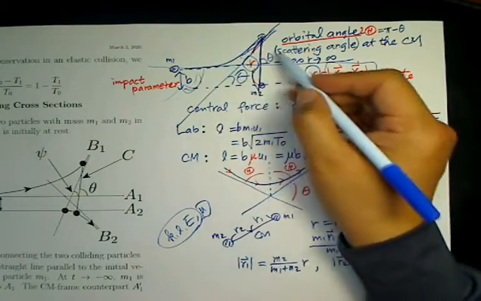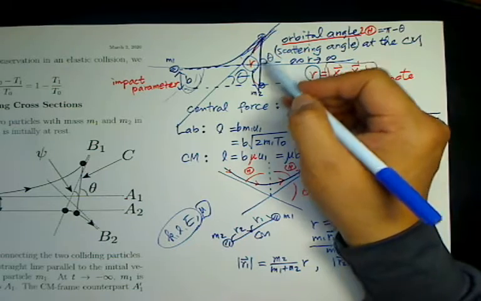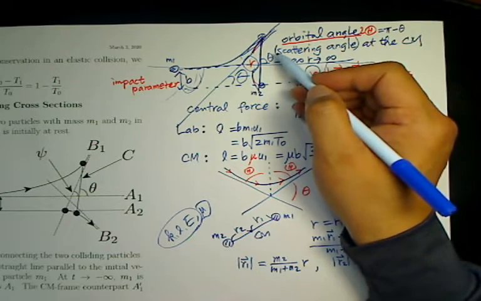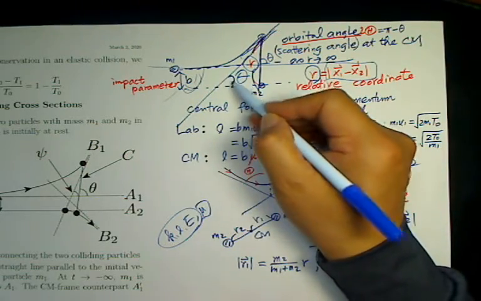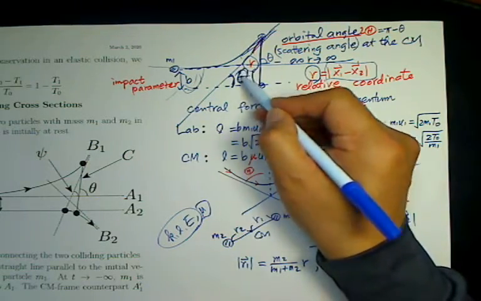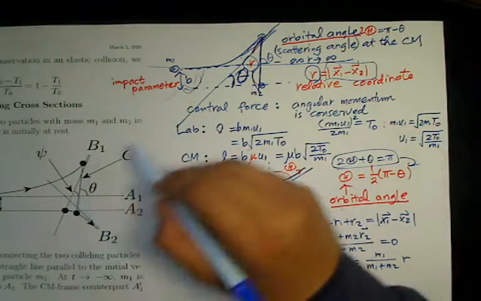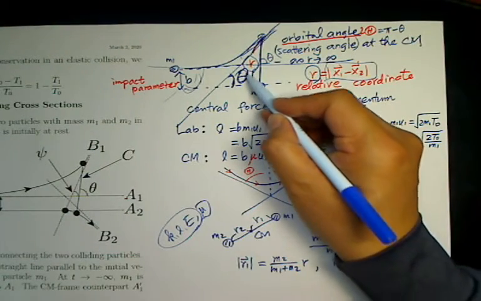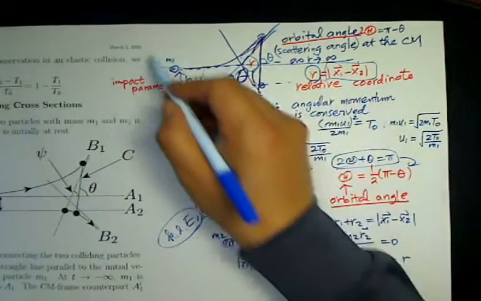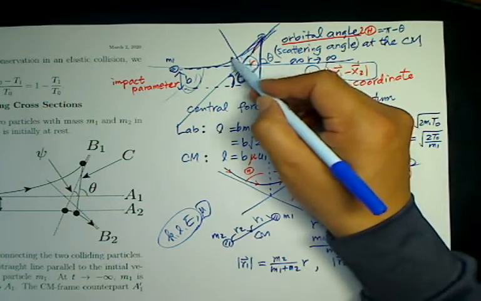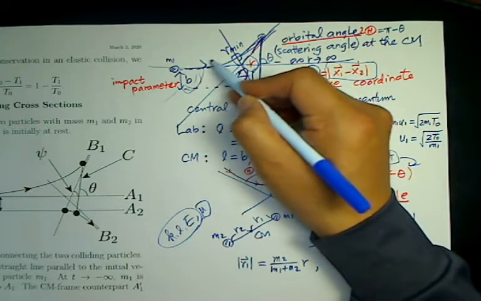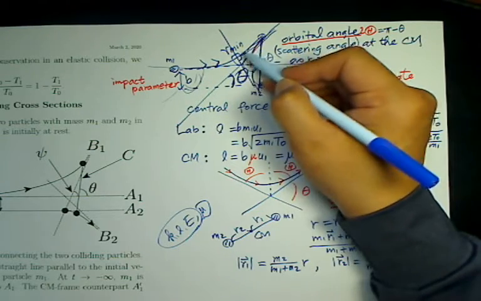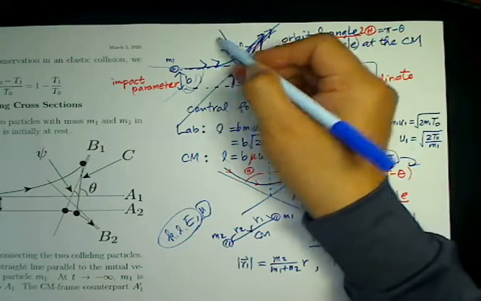This angle is the variable theta, and this is an initial-final comparison. This is the scattering angle theta. The variable theta can be cut into two pieces when it reaches r minimum: it decreases to reach r minimum and increases to infinity.